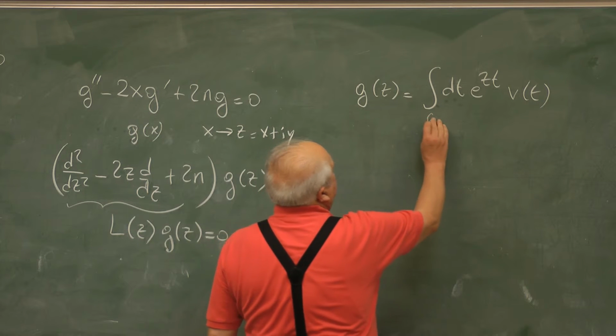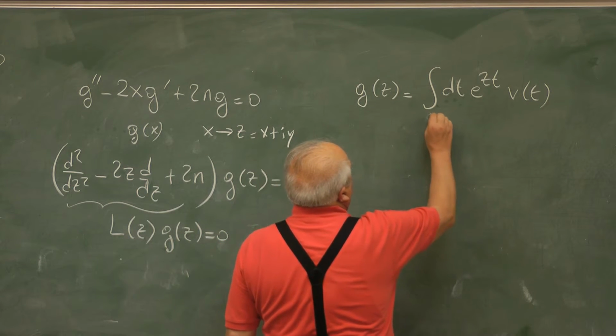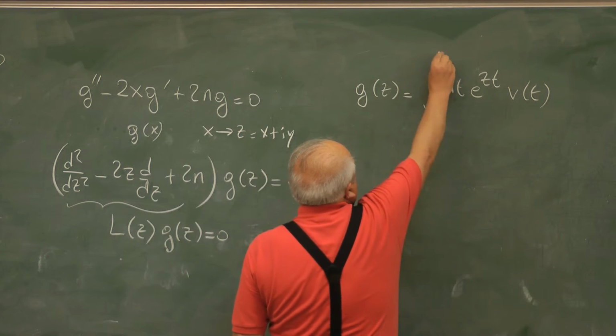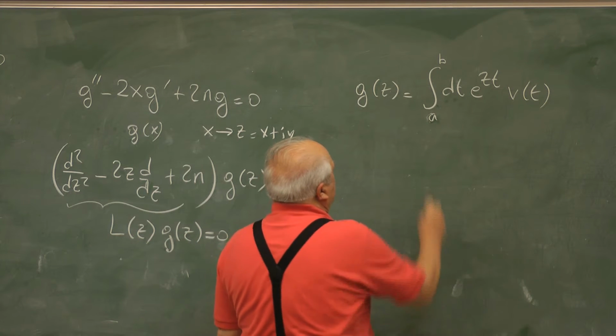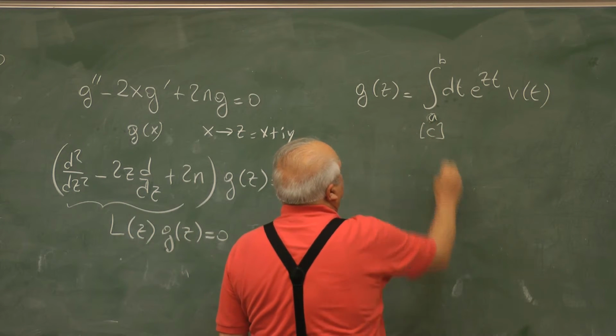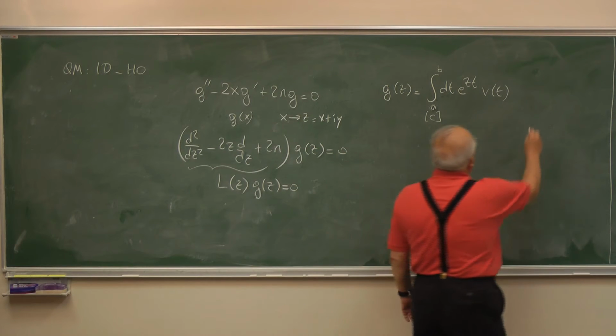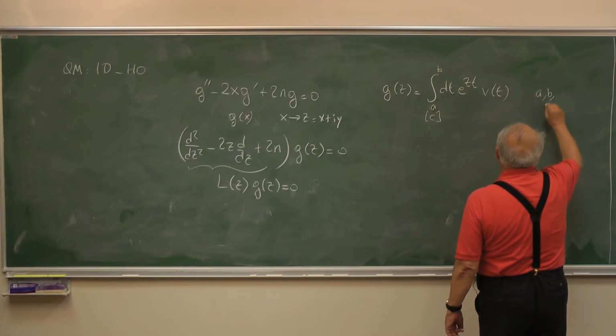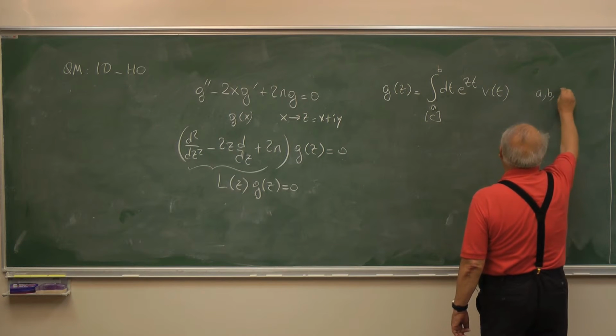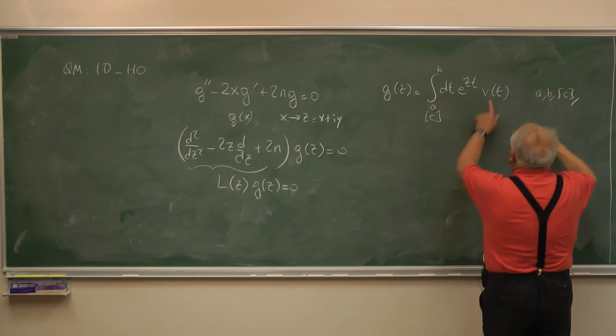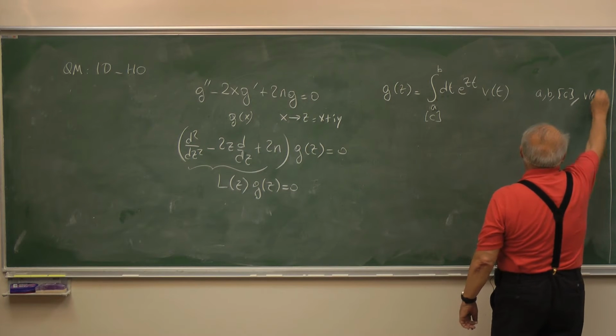So we have a path going from A to B, and we don't know many things here. We don't know A, we don't know B, we don't know the path C, and we don't know v of t.